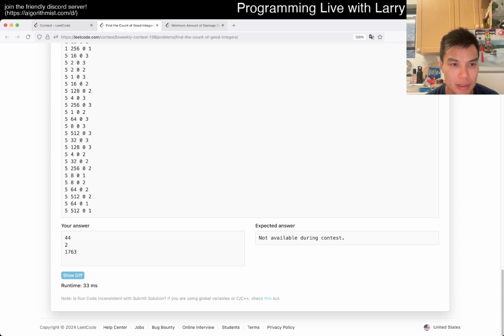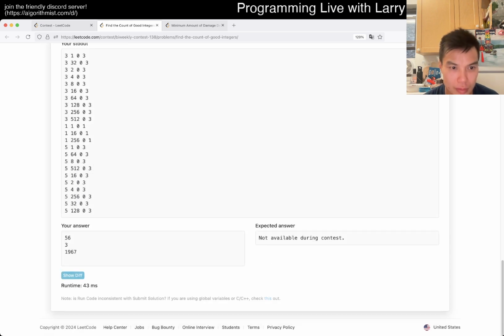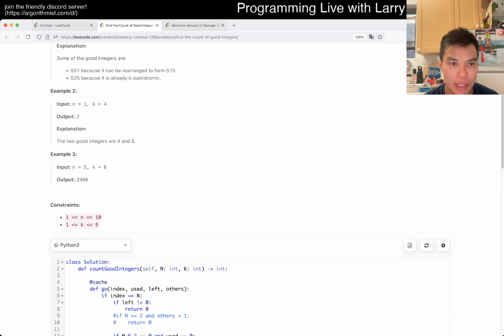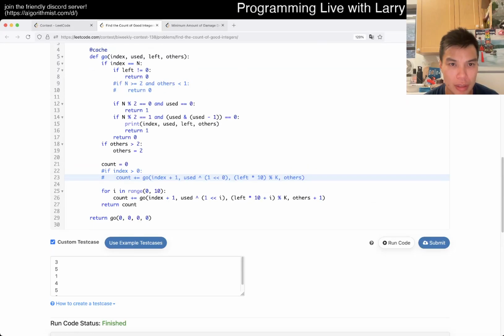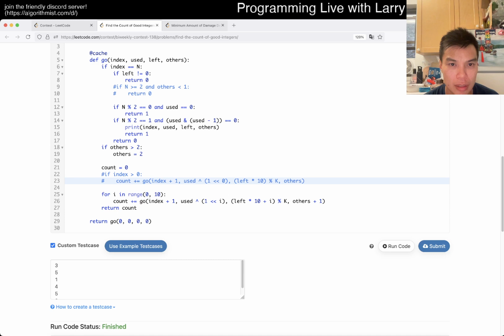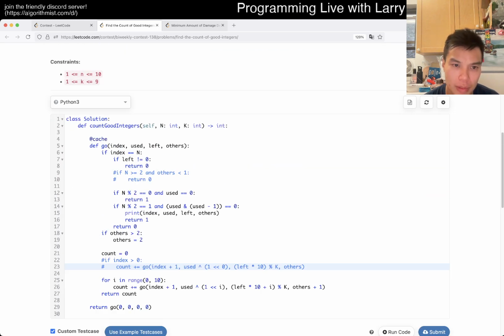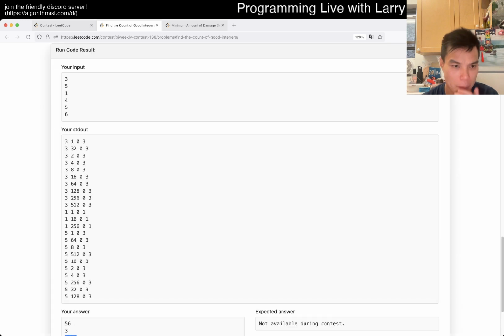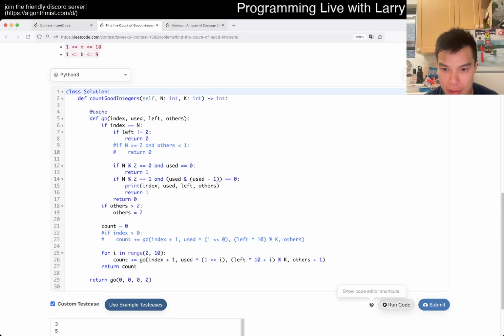This one's overcounting, but this one's undercounting, which is actually surprising. Did I do this wrong? I can't even get this to overcount. Was this wrong before? I don't know why I'm struggling on this one, honestly.